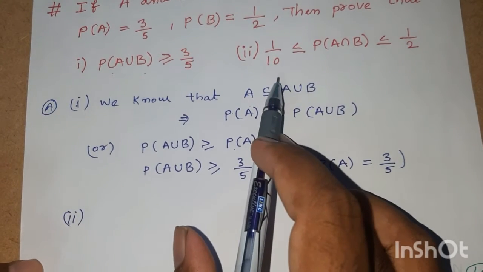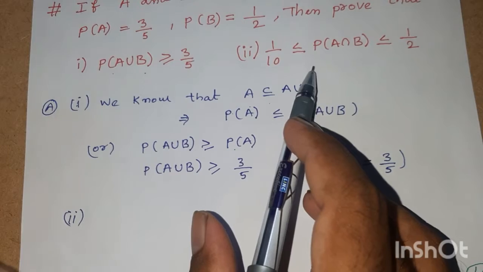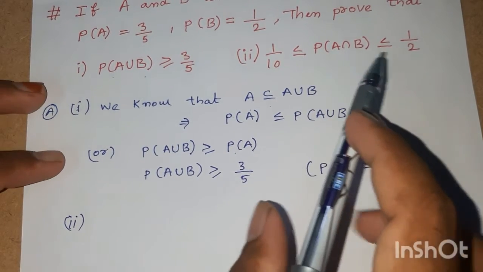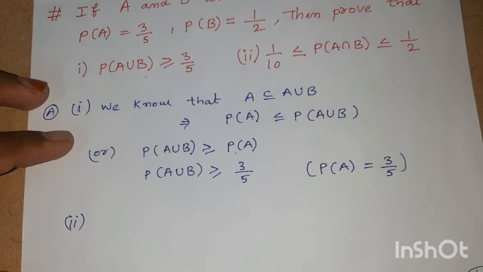We have to prove that 1/10 is less than or equal to P(A ∩ B), which is less than or equal to 1/2.